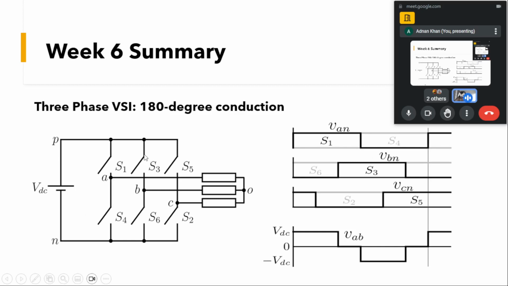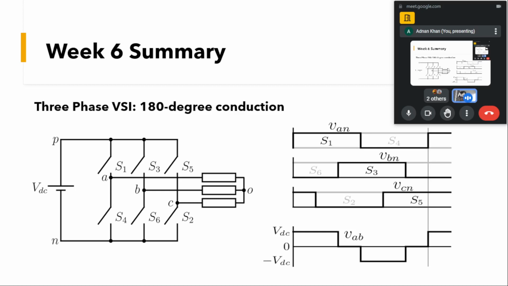In a similar fashion, each of these devices will be conducting for 180 degrees, or a pi interval. The pulses of each leg, that means the A leg, B leg and C leg, are shifted from one another by 120 degrees.